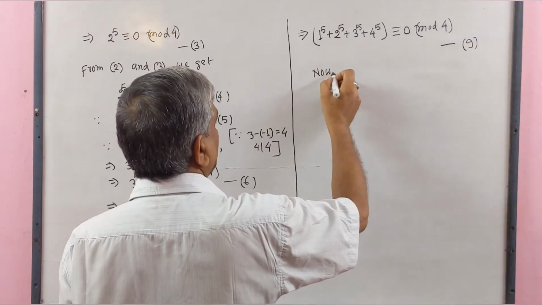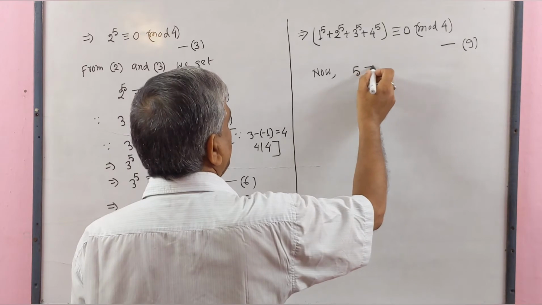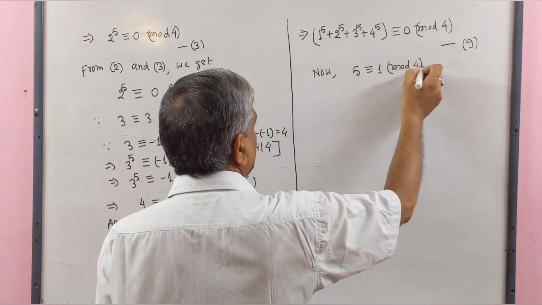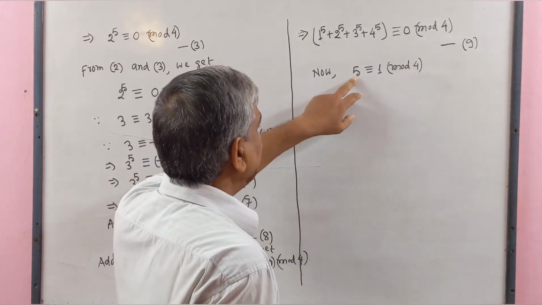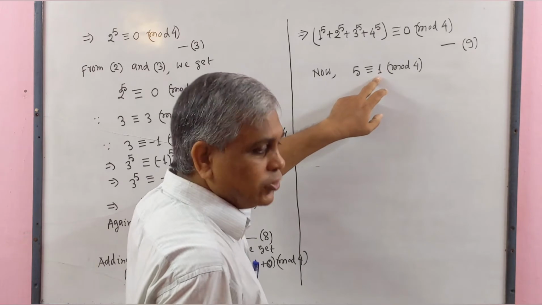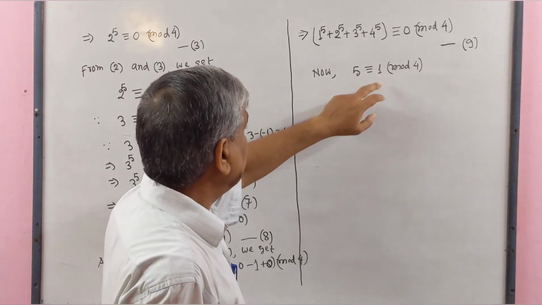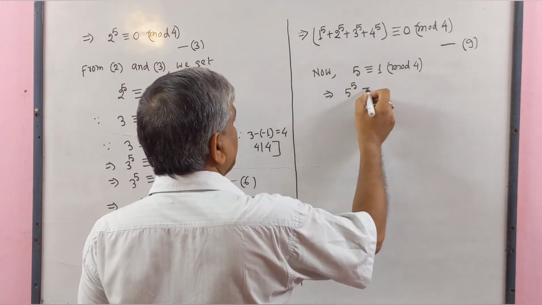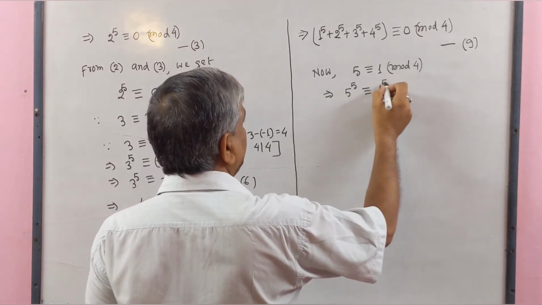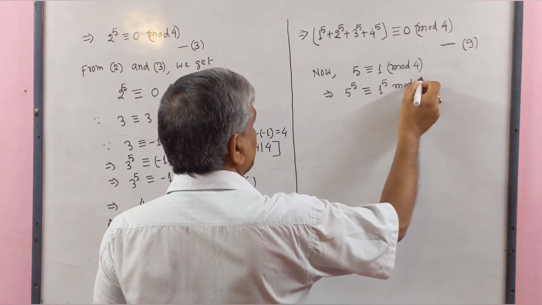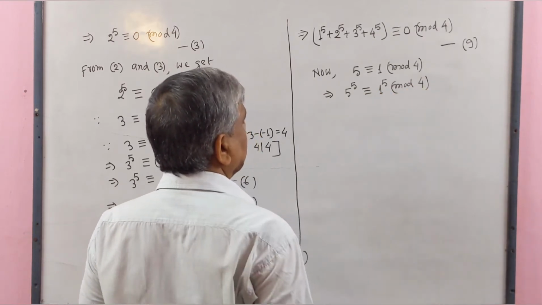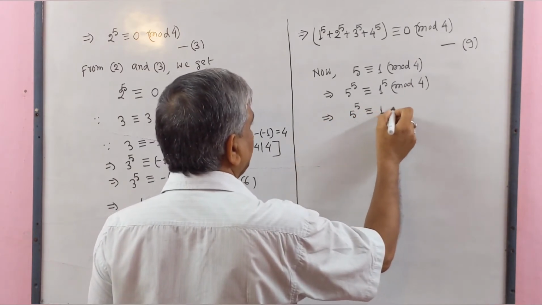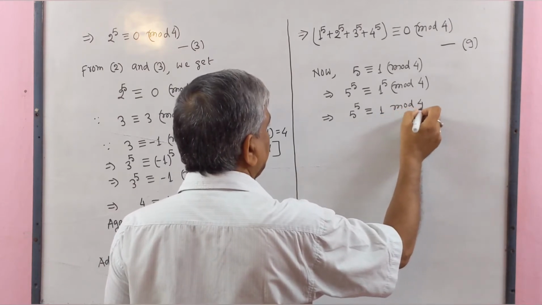Now 5 is congruent to 1 modulo 4, since when 5 is divided by 4, remainder is 1, implies that 5 to the power 5 is congruent to 1 to the power 5 modulo 4, implies that 5 to the power 5 is congruent to 1 modulo 4.